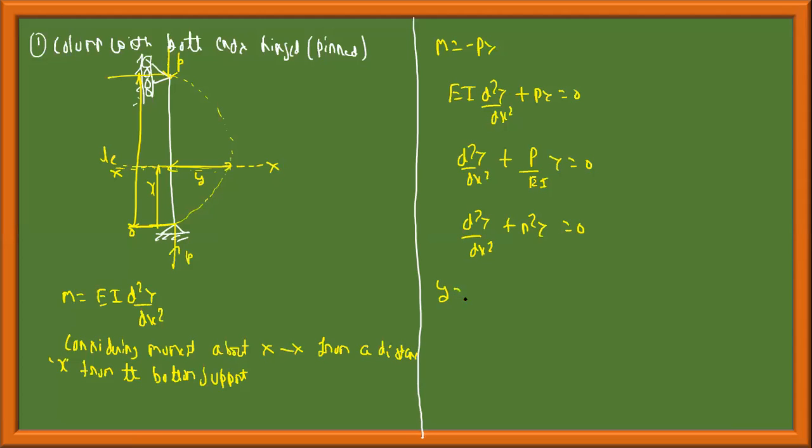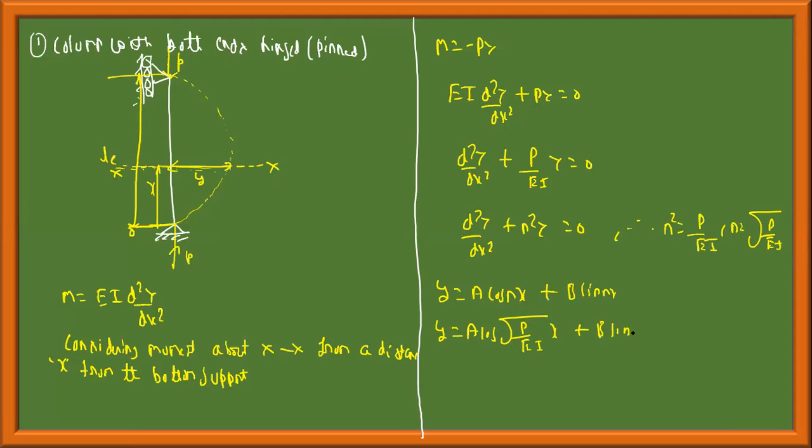The solution for this is y is equal to A cos nx plus B sin nx, where n square is equal to P by EI, n is equal to root P by EI. Therefore y is equal to A cos root P by EI into x plus B sin root P by EI into x.